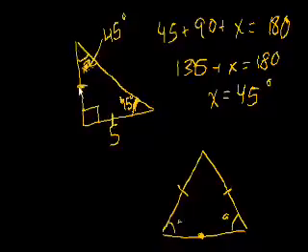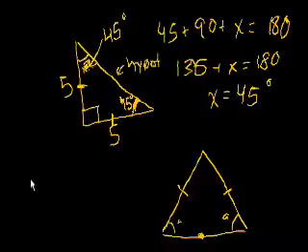And I think you might be experiencing an aha moment right now. Well, if this side is equal to this side, I gave you at the beginning of this problem that this side is equal to 5. So then we know that this side is equal to 5. And now we can do the Pythagorean theorem. We know this is the hypotenuse.